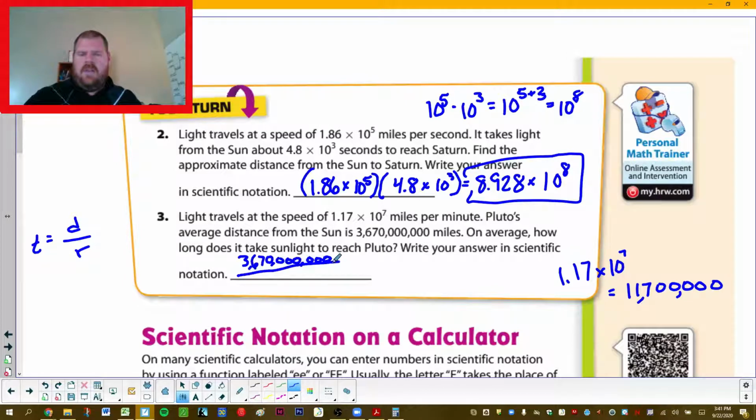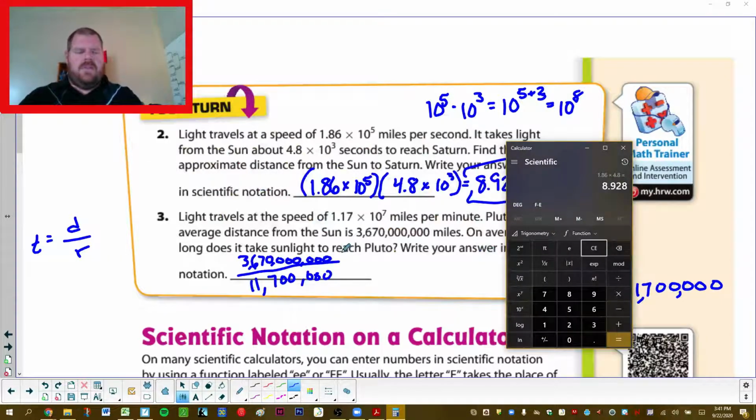And we're going to divide that by this number here, 11,700,000. And I'm going to use a calculator for this.